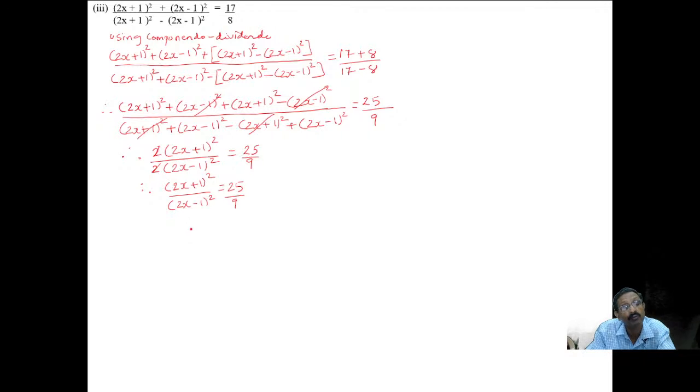Okay, we can take, but while taking here we will take positive square roots. So therefore what we will get over here is (2x plus 1) upon (2x minus 1) is equal to, the square root of 25 gives me 5 and of 9 will give me 3. So I will be taking the positive square root.